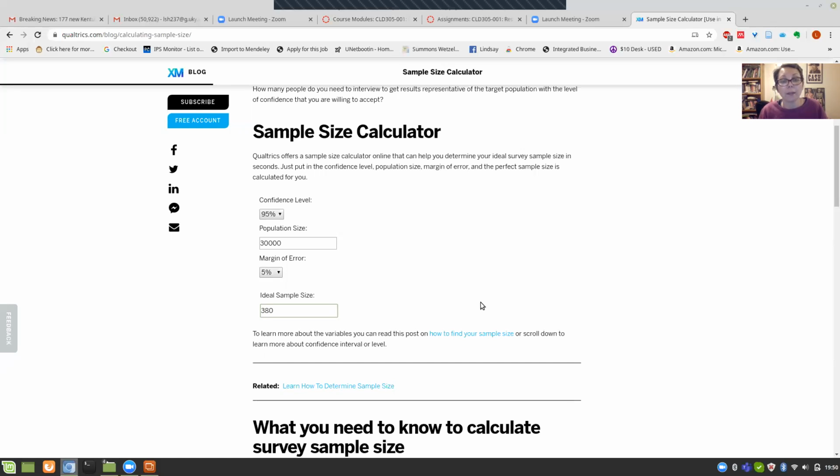If it's going to be impossible for you to get to 380, then you could go down to 90%. You're pretty much never going to go below 90% because at that point it's kind of worthless. But as you can see, my sample size has now gone down by more than 100 to 269. So that's just an option to keep in mind. So let's go back.